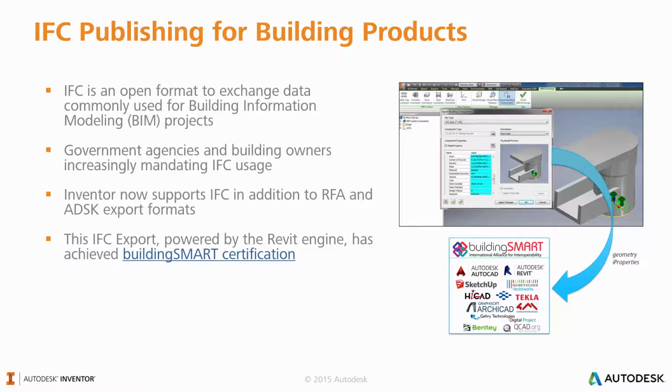It's a neutral file format, and it's part of the BIM or building information modeling workflow. So the addition of the IFC format is further to what you already have available, which is RFA and ADSK export formats. A couple of things to note here: it's powered by the Revit engine, and it's also been certified as Building Smart as well.